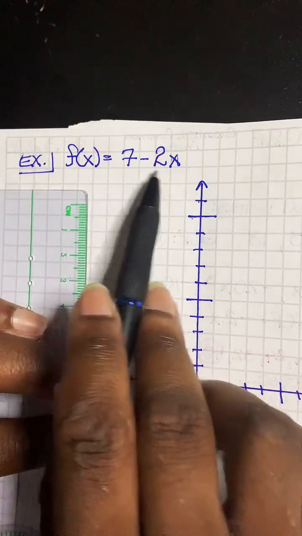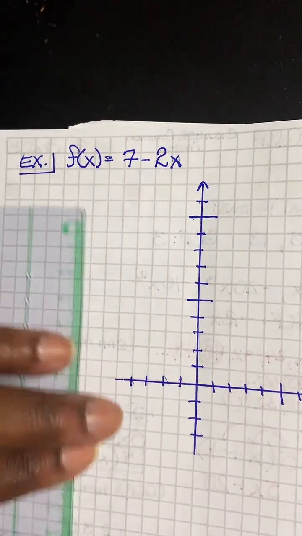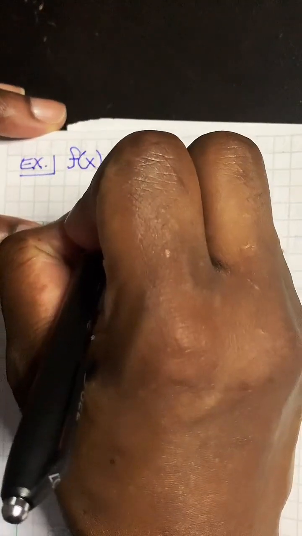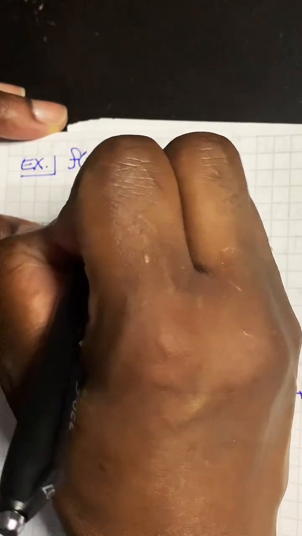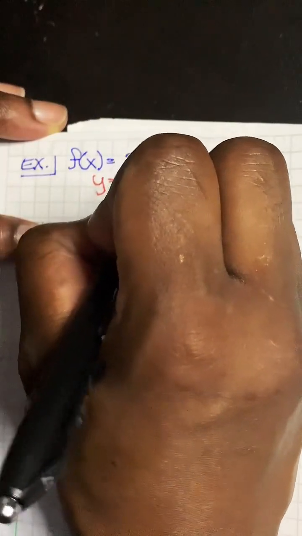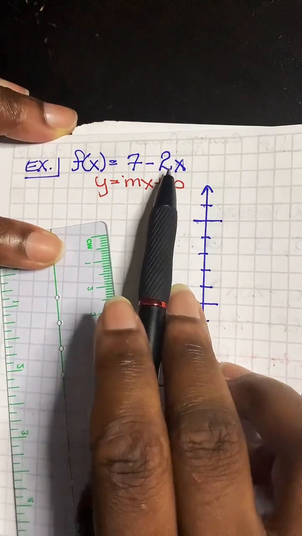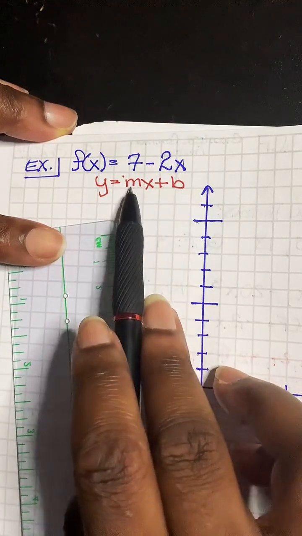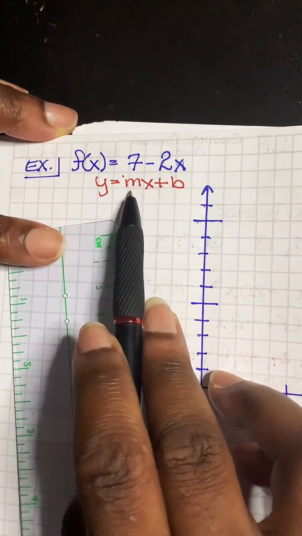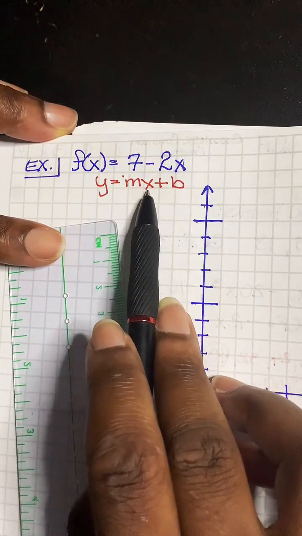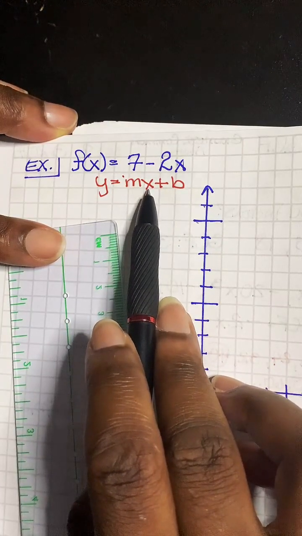Okay, so it's switched up. We are so used to seeing it as y equals mx plus b. Now, here's the key thing. Your m, or your slope, aka rate of change, is always the coefficient of your x.